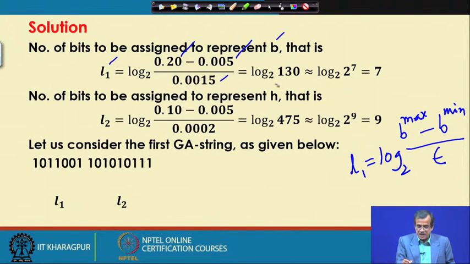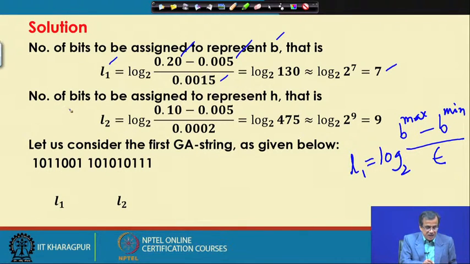If I calculate, I will be getting log base 2 of 130, and approximately this is equal to log base 2 of 2 raised to the power 7, and that is equal to 7. So, L1 is 7, that means I am going to use 7 bits to represent this particular B.